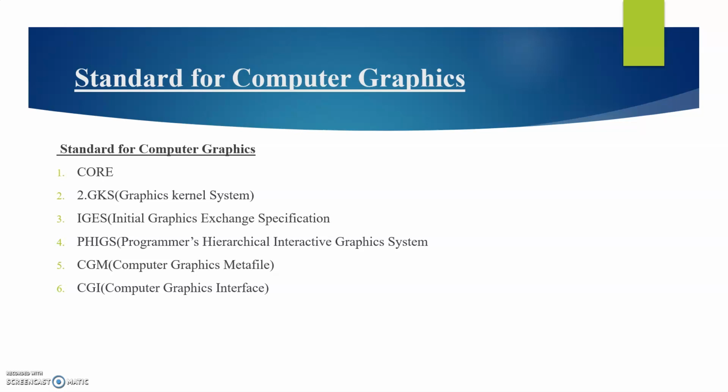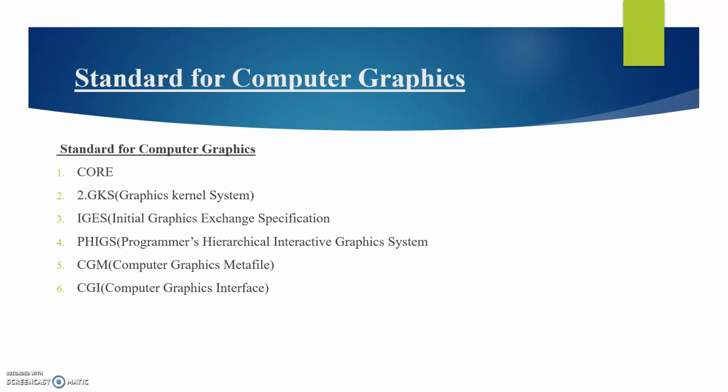The standards are CORE, that is a core of a graphic system. The very first standard is Core standard, developed by the Graphics Standard Planning Committee of the Association of Computing Machinery, ACM. Core is also termed Special Interest Group on Graphics of ACM.